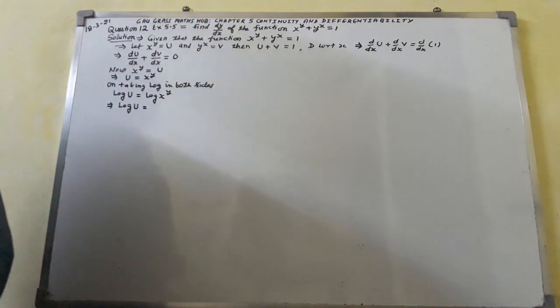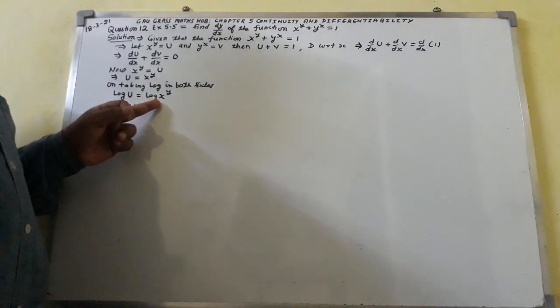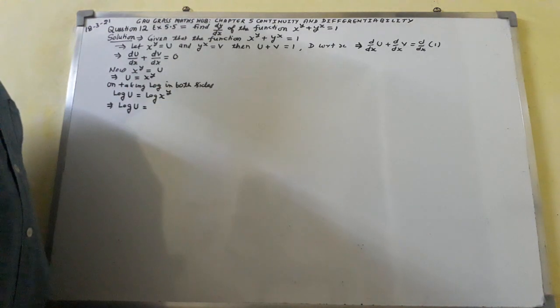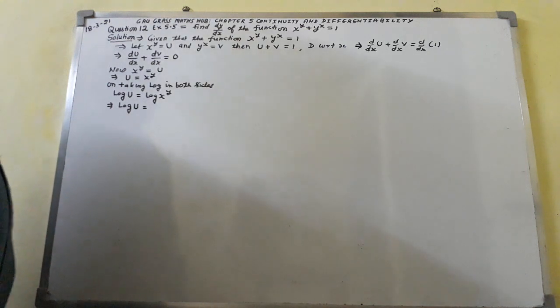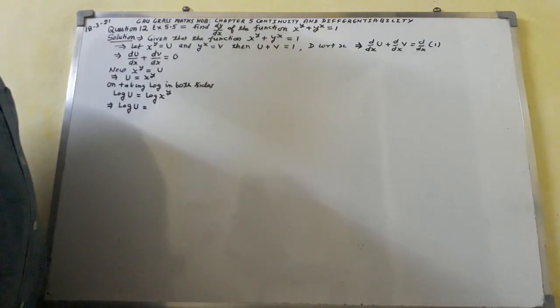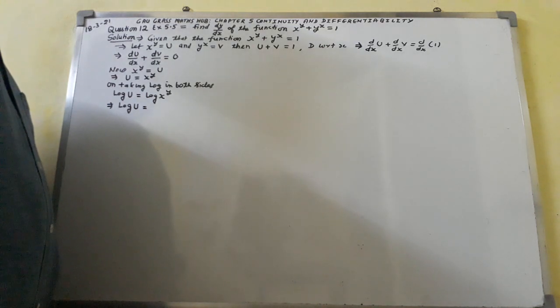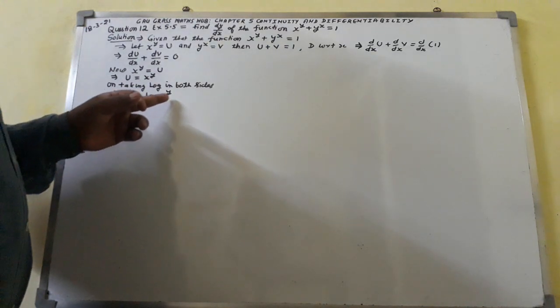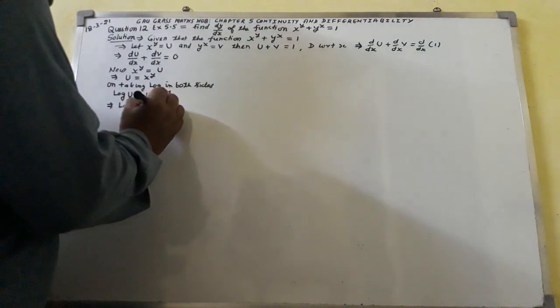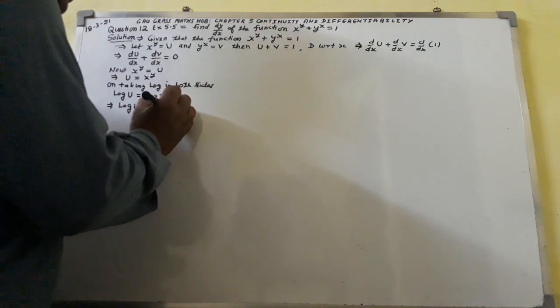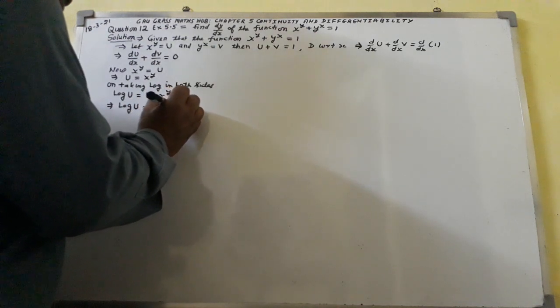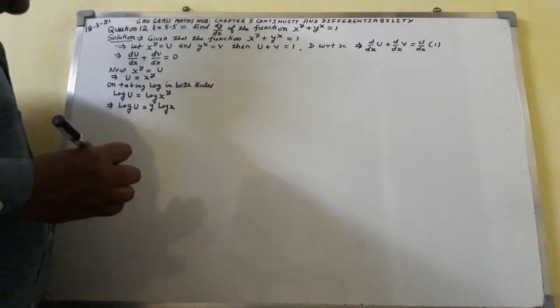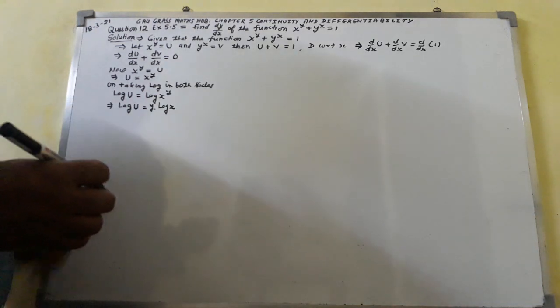We shall use the formula log m raised to power n equal to n dot log m. On the basis of this formula, we can write log x raised to power y as y dot log x.